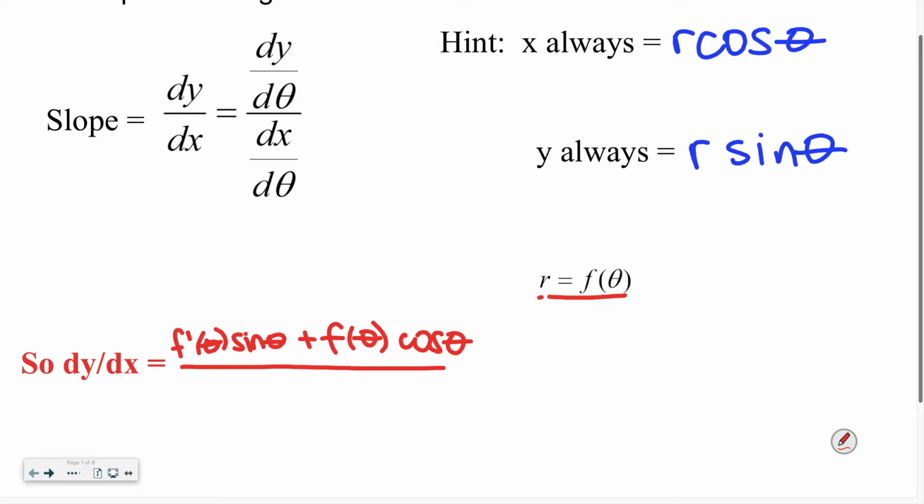But it's technically true, because you're going to see it in your book, okay? I want you to know where it's coming from. This is the process we're going to take every time. And then our denominator, dx d theta, well if x is r cosine theta, then we do the product rule there. Let me get my highlighter.